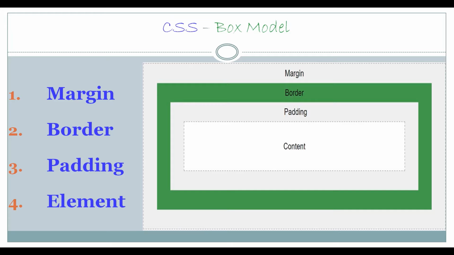And outside of that padding we have the border, and on the very last part of our box model we have our margin. So margin is the space between 2 different elements. If you have a heading and if you have a paragraph, the space between those 2 elements are the margin, and you can actually manipulate your margin. So without any delay, we can actually go ahead and start coding.